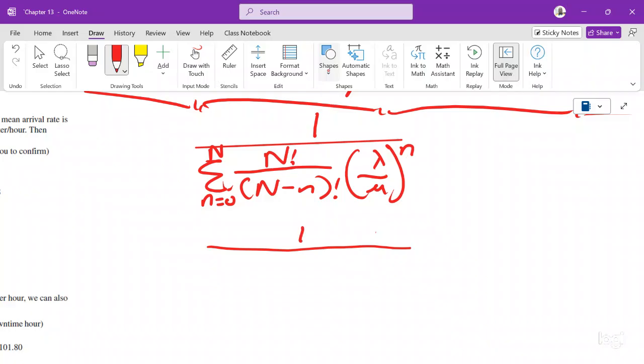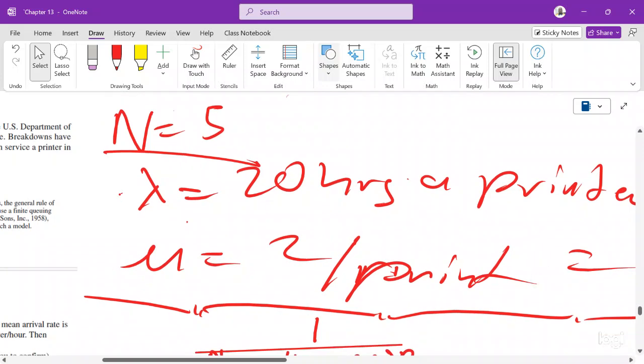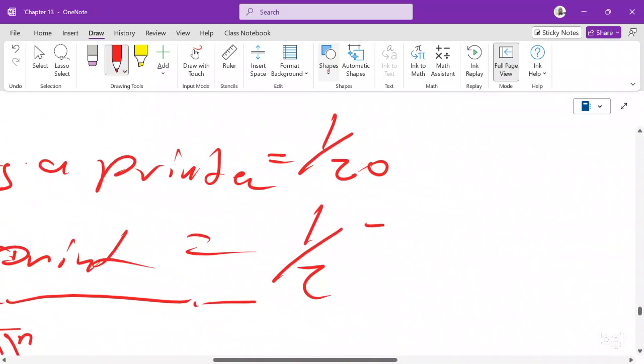Then you have 5 factorial over open bracket 5 minus 0, outside is a factorial, and then you have 0.05 over 0.5 to the power 0. Then your answer is 1. Plus, we are repeating this with 1 here, with 1 there. To edit that, you just go back to your calculator, then you edit.